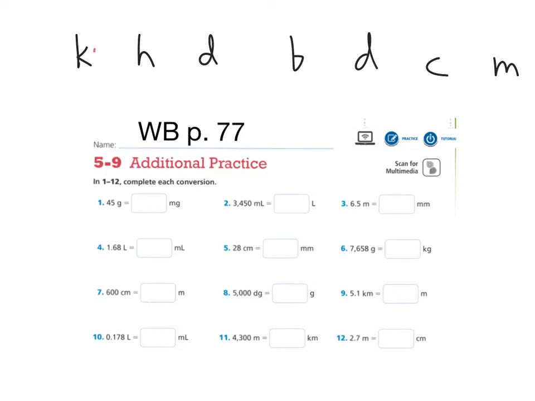Then, if you want to do the prefixes, at least kilo, centi, and milli. We might have to do some of the other ones also. And then also your base unit, B for base, is for meters, liters, and grams.